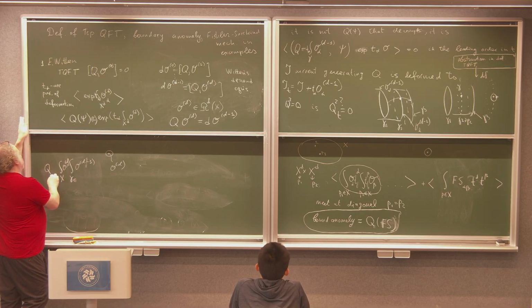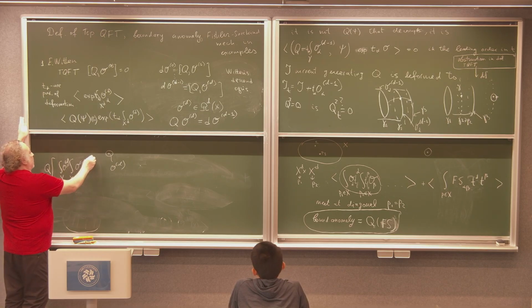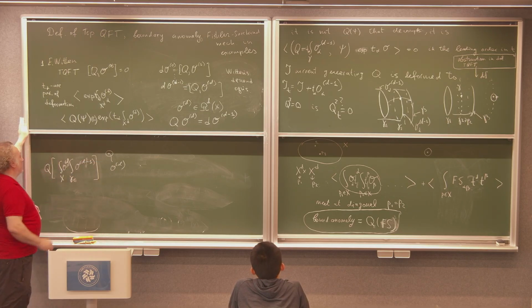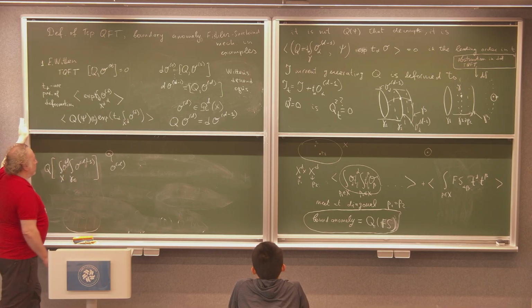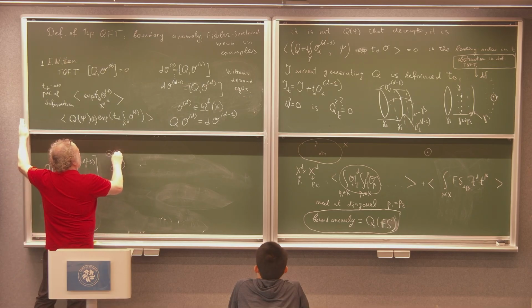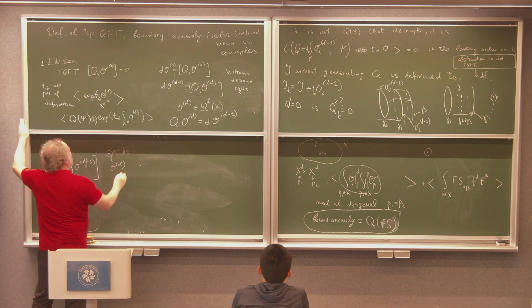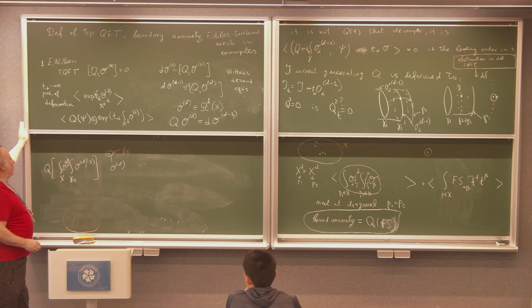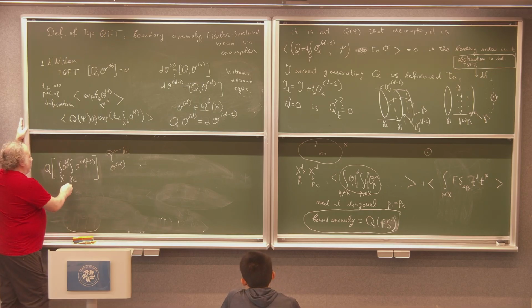So actually, when I act by Q here, I will get V of something.